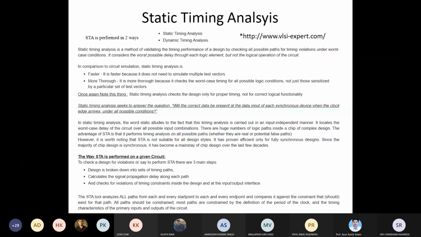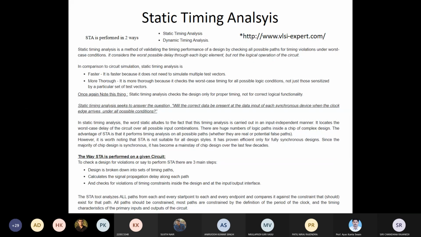Whatever paths are there, you have to check everything and see that all these conditions are working fine. It considers all worst possible delays through each logic element. There may be a chance that net delays may be classified into two types.